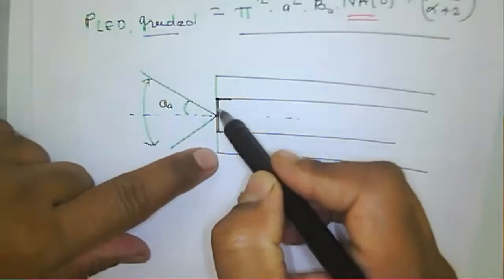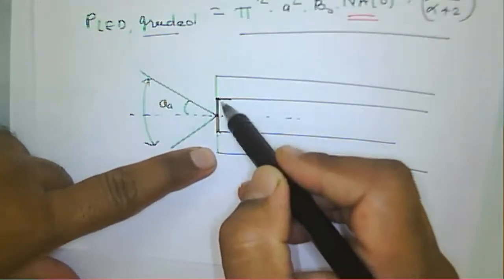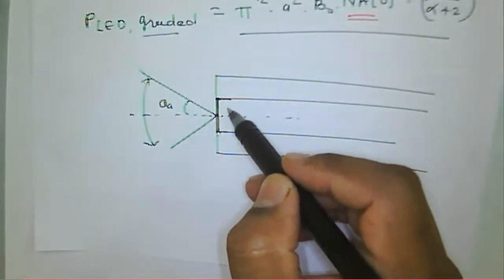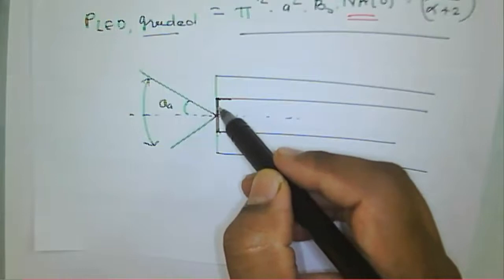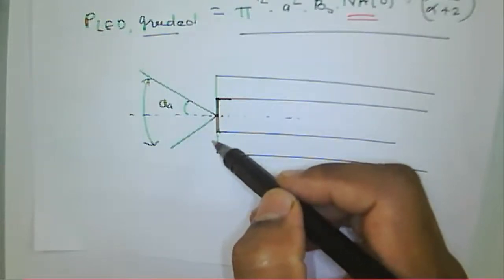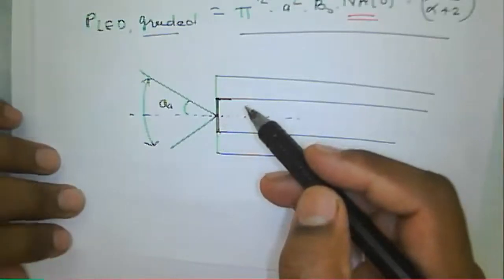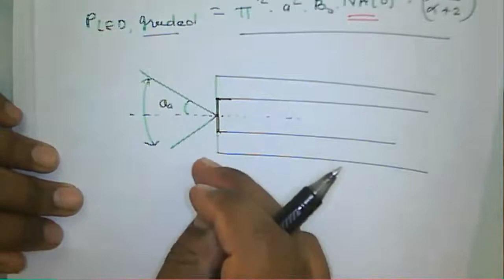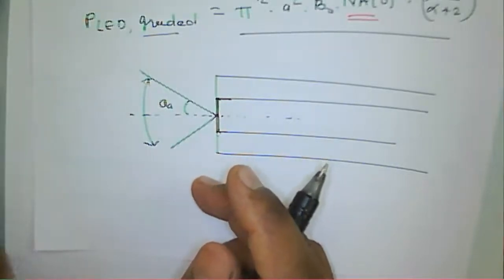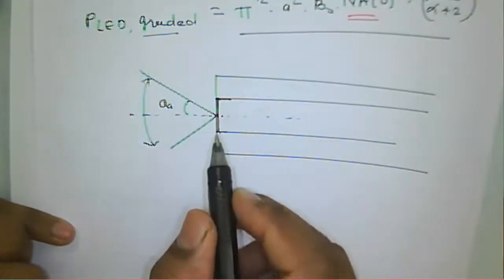Then one more factor will come, that is the core size of the optical fiber. If the core size increases, the number of modes increases. So which wavelength or what mode is supported by this fiber depends upon the operating wavelength of a source.